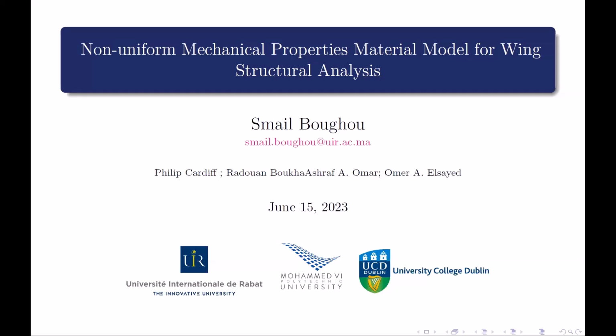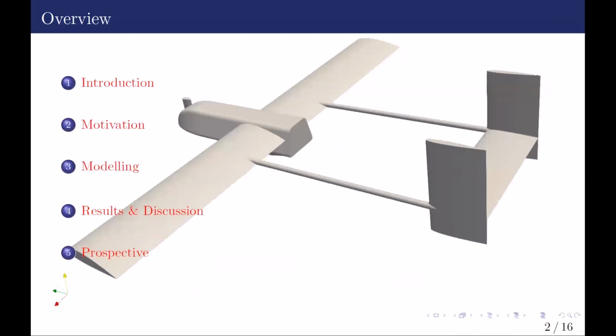So I just don't want to take much time. I will start with an introduction about why we are implementing this non-uniform material model in the wings of the unmanned aerial vehicle. I will explain some modeling steps, and I will try to give some results and discuss.